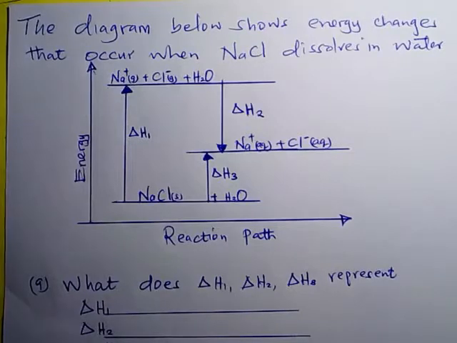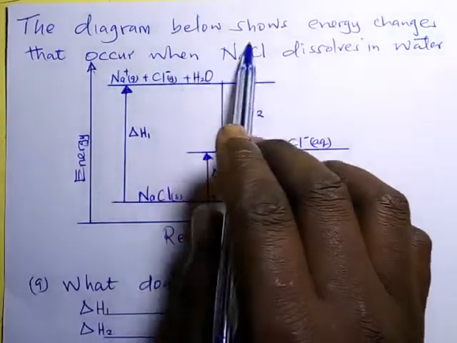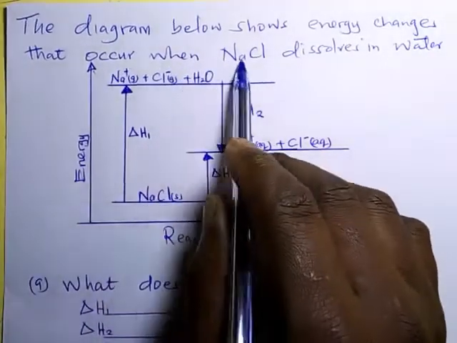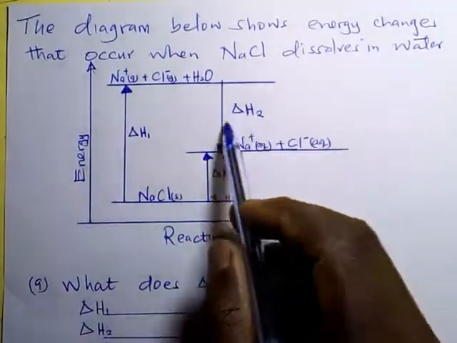Now let us look at some sample questions so that we can understand more of what we have talked about. The diagram below shows energy changes that occur when sodium chloride dissolves in water.